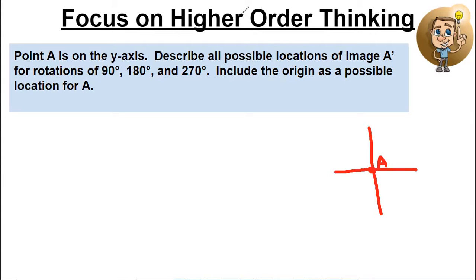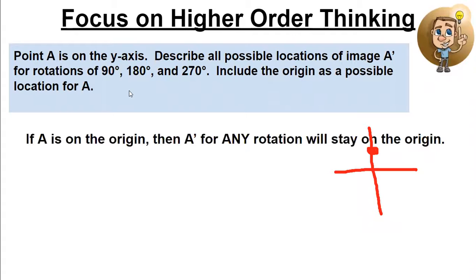What if I move it to up here? What's going to happen if I rotate it 90 degrees? Well, let's take a look. If A is on the origin, we just talked about, then A prime for any rotation will stay on the origin.